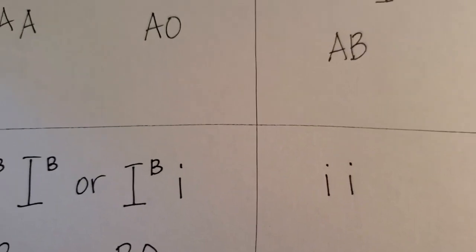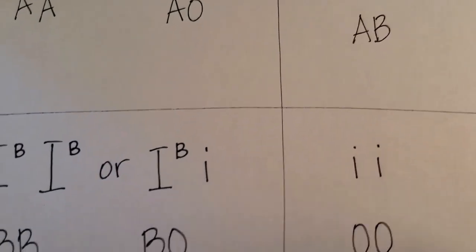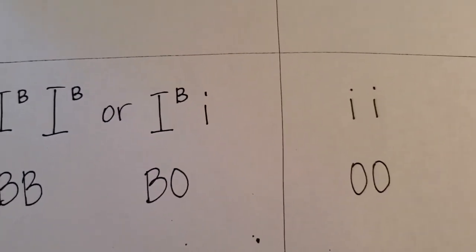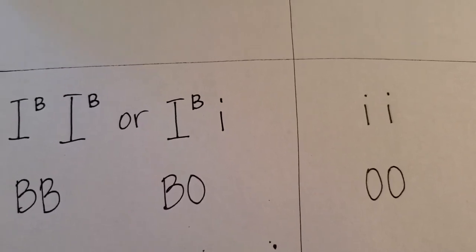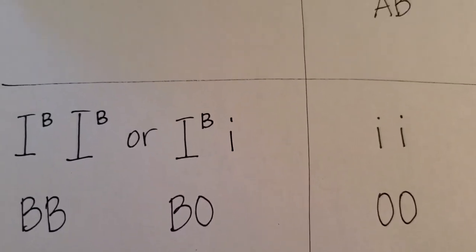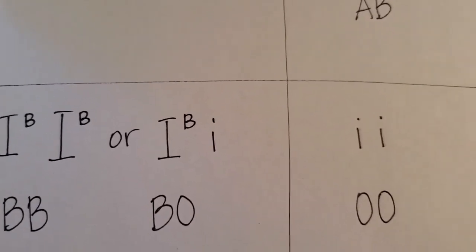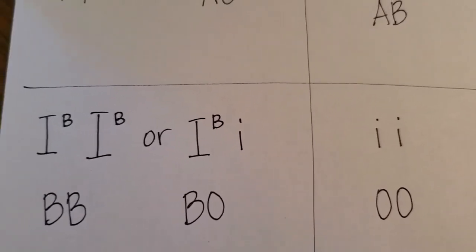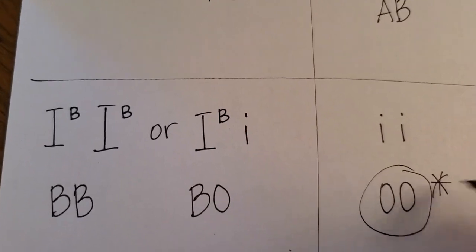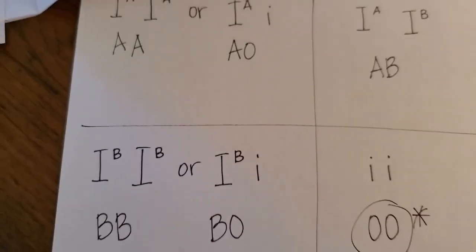And if you are 2 little i's, that's the same as saying you're 2 O's. So you are O blood type. That's the only way you can be type O blood type, is if you have the 2 alleles for O, which is the coolest blood type because it's mine, but I digress.